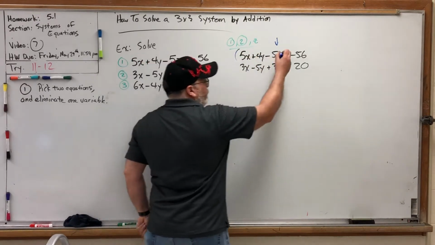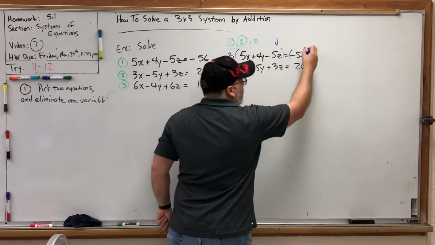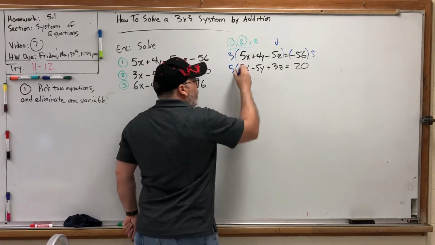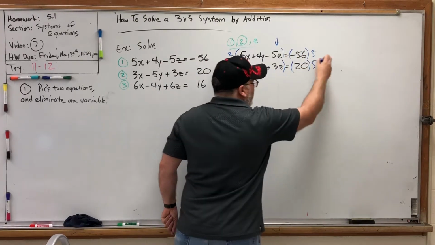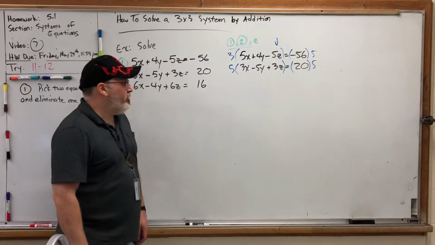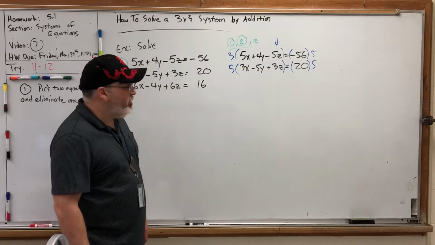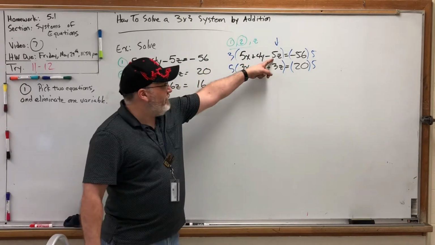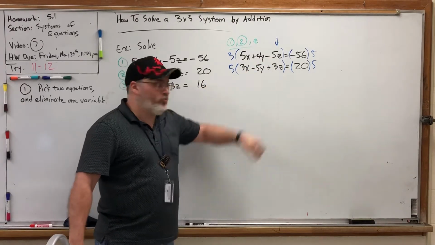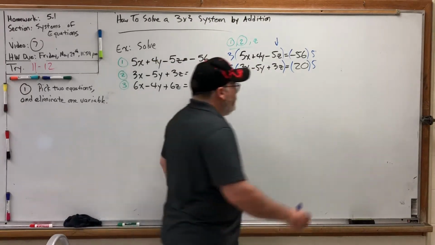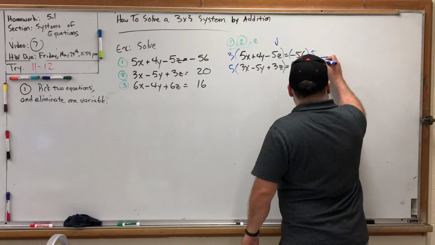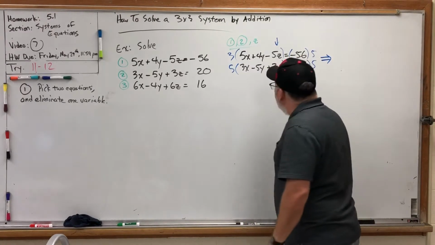Our multipliers will be 3 and 5. Remember to multiply both sides. Do we need to change a sign? In this case, no. 3 times negative 5 is negative 15, but 5 times 3 is positive 15. So this choice of multipliers will get us what we want, opposite z's.